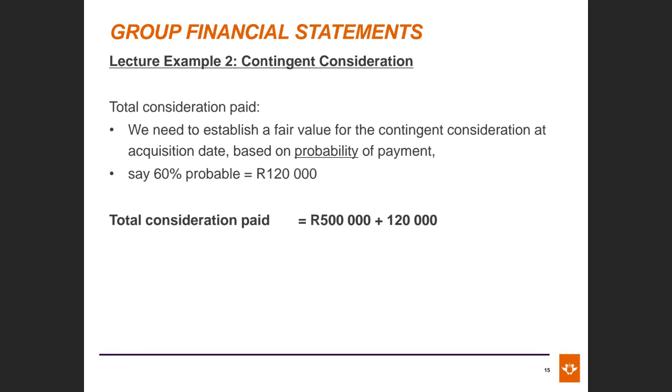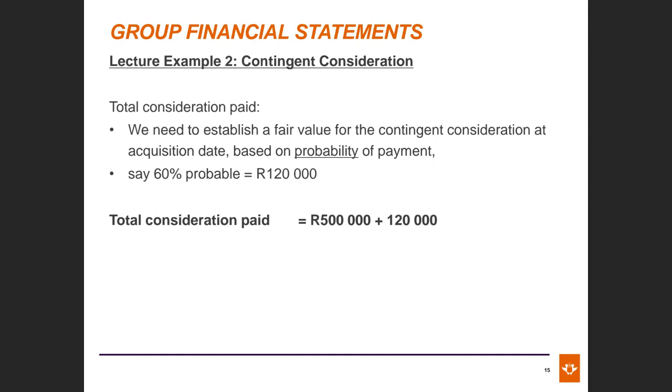This is definite. It does not depend on any events. Then we take into account the additional cash payment of 200,000 Rand, but the probability of meeting the target of 4 million is 60%. So we will be prudent and measure the fair value at 120,000.